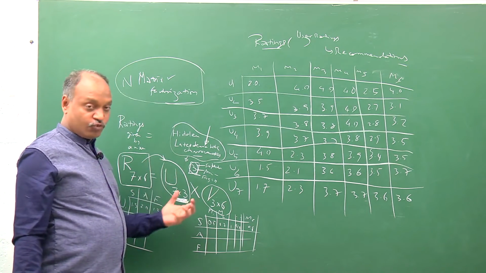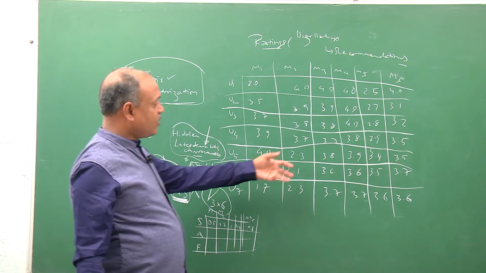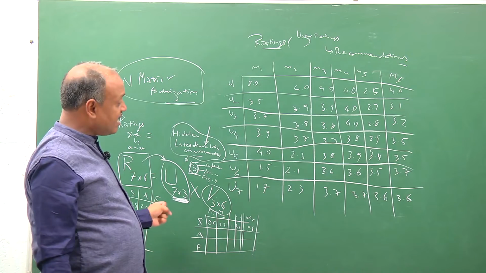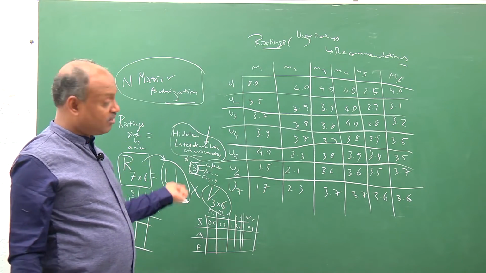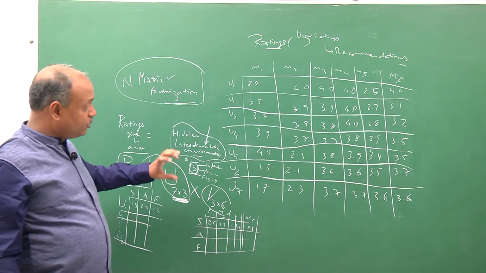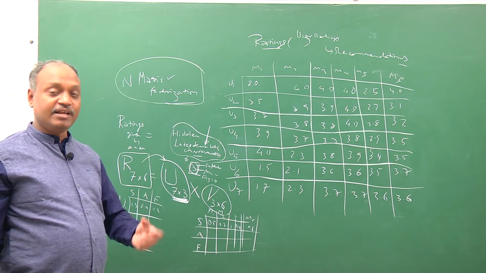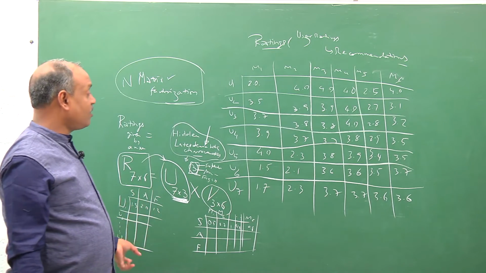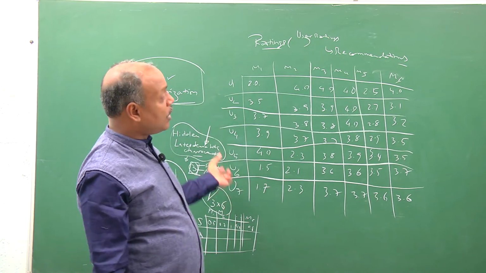Why is it useful? Suppose there are some vacuums in this, some people have forgotten to give ratings. You can use this matrix to derive what the potential rating a user could have given for a specific movie. Or you can predict which users are very similar in terms of ratings to what others have given. Or you can find out which movie is very closely related to other movies.